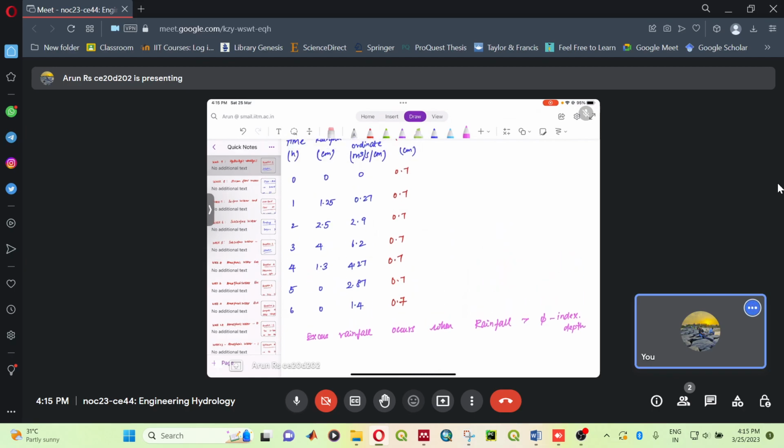So here in the 0th hour, 5th hour and 6th hour there is no rainfall. So we won't have any rainfall excess.